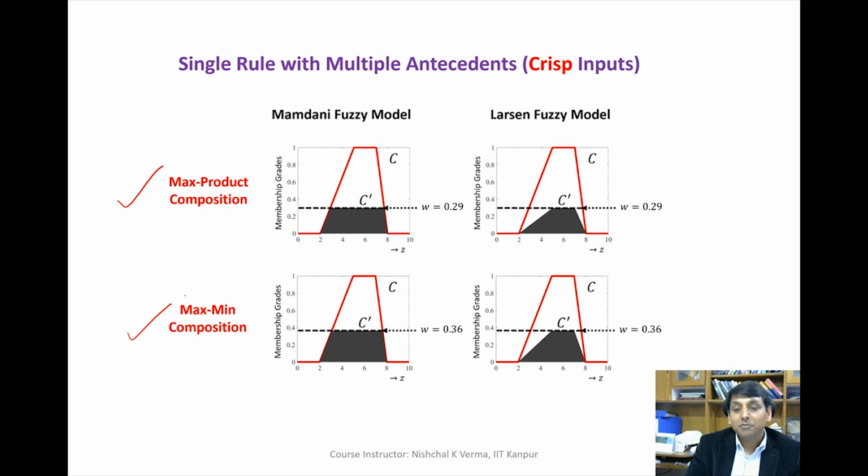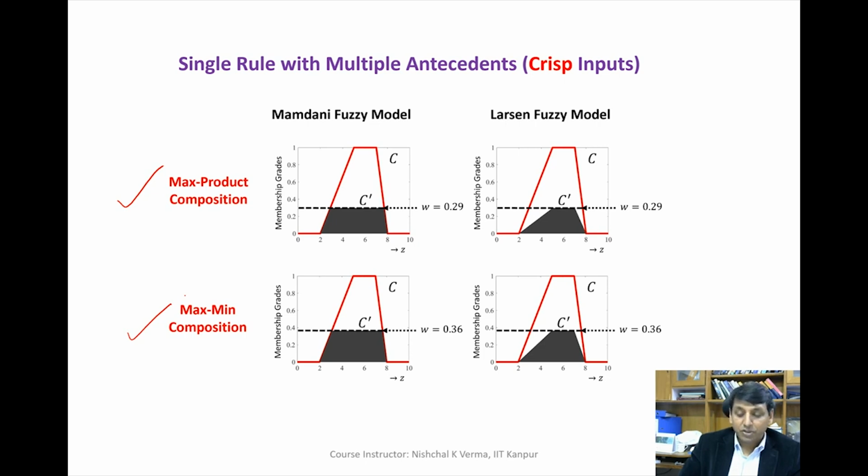Further, we defuzzify this fuzzy output using a suitable defuzzification method to get the crisp value. So we can compare the outputs of the Mamdani and Larsen fuzzy models for the same crisp inputs, in case of the max product composition and the max min composition.